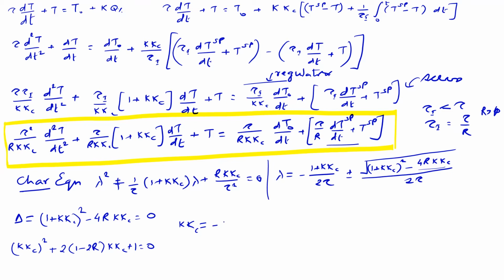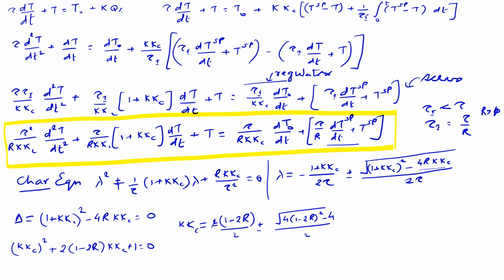minus 1 minus 2r divided by 2 plus minus square root 4 into 1 minus 2r whole square minus 4 divided by 2. There is a 2 here, sorry.